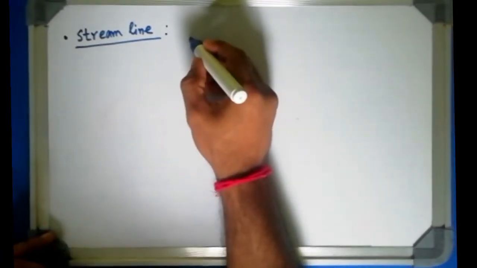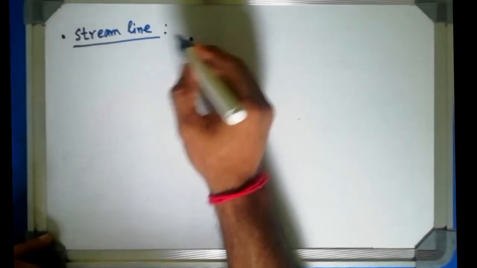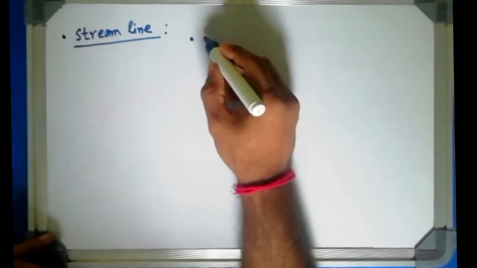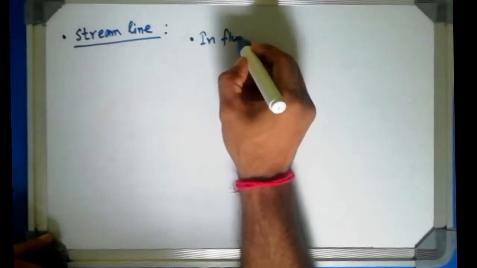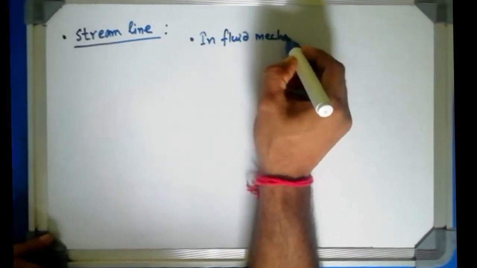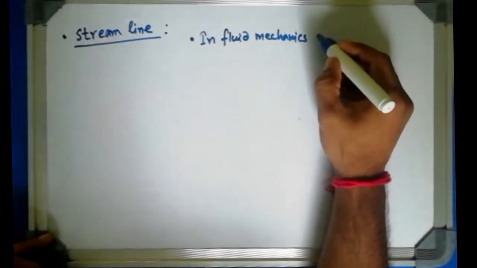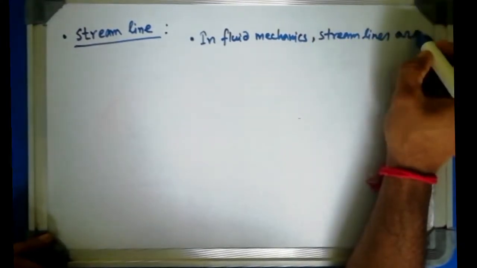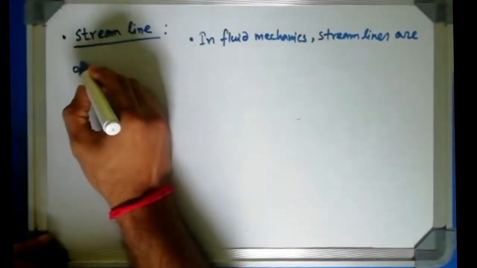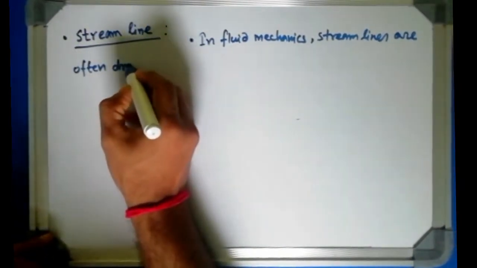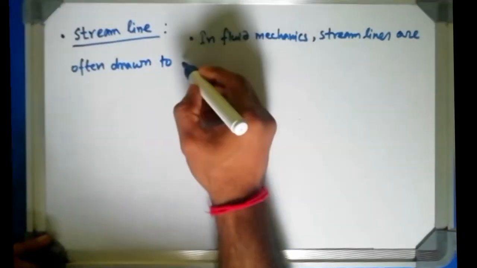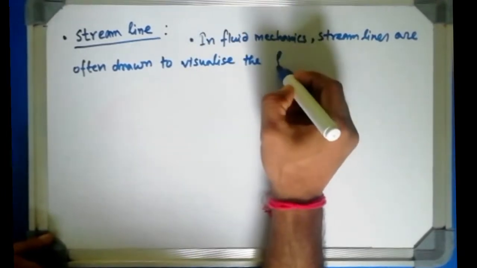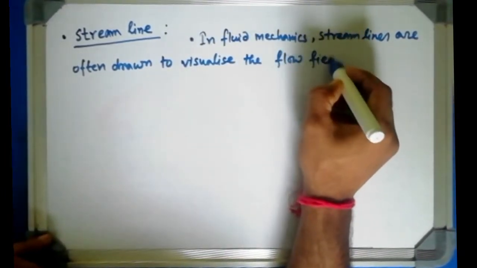So I can write a basic introduction just to clear the concept of streamline: in fluid mechanics, streamlines are often drawn to visualize the flow field, how the flow is actually occurring.